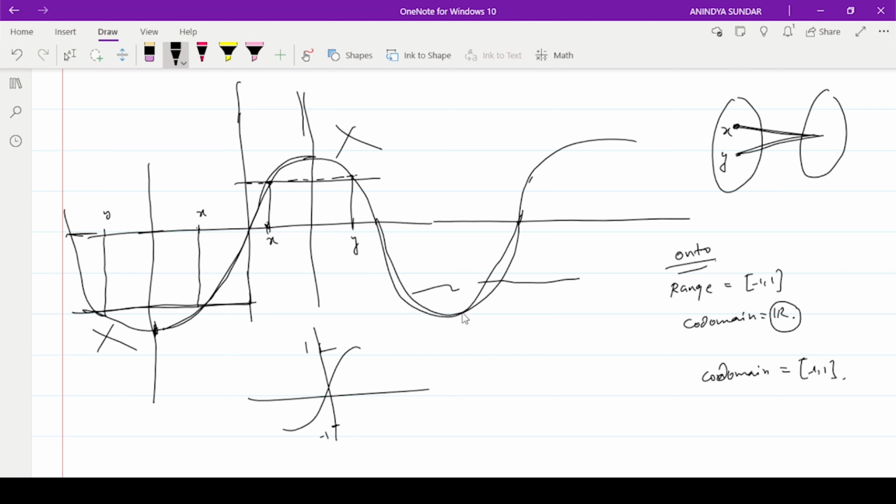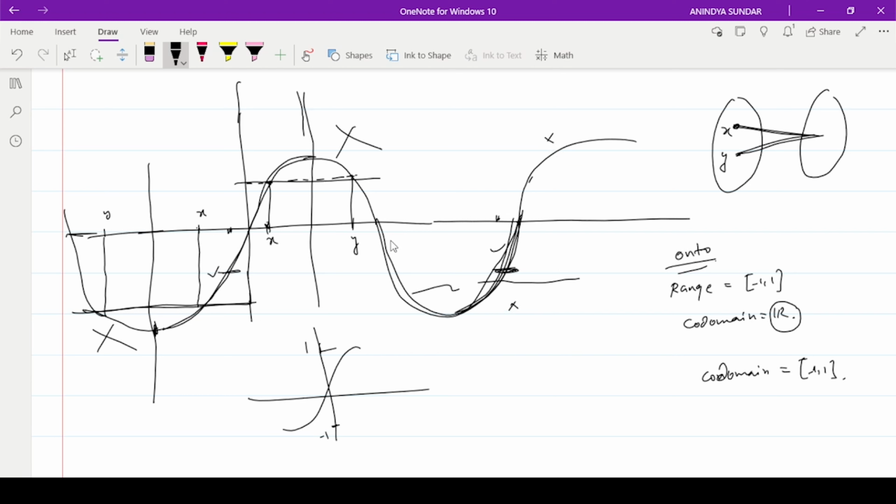And if I pick this portion, the same problem will occur, because if I draw a horizontal line, I can easily see that these 2 points have the same image. Obviously this is again going to be a many one function, so this portion is also removed. Likewise, this portion is also removed.